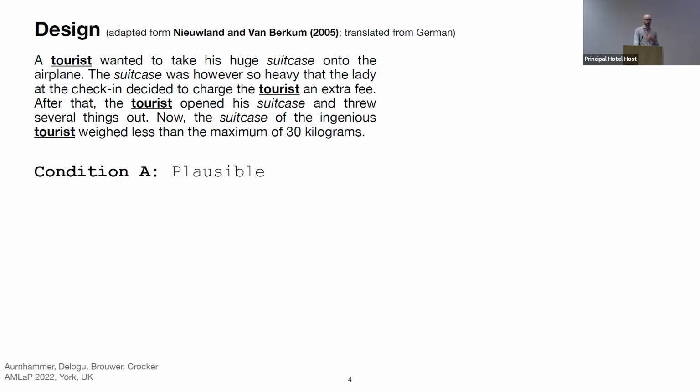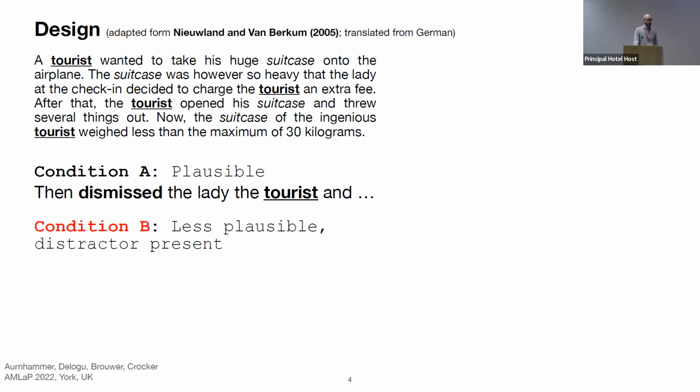The first is just a plausible baseline continuation. The lady dismissed the tourist, she sent him on his way. And the second one, we have a less plausible continuation. The sentence goes, the lady weighed the tourist. Now, that's not a very plausible thing to do, but it's possible to weigh a tourist.